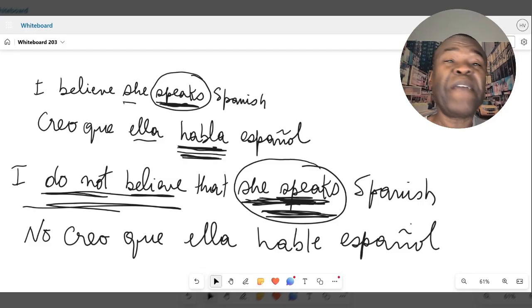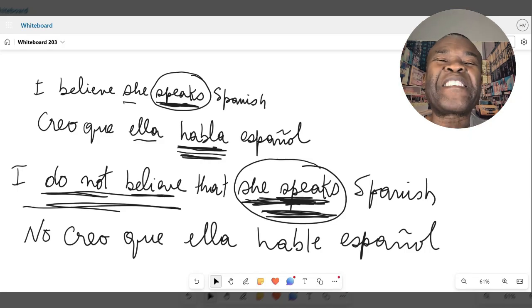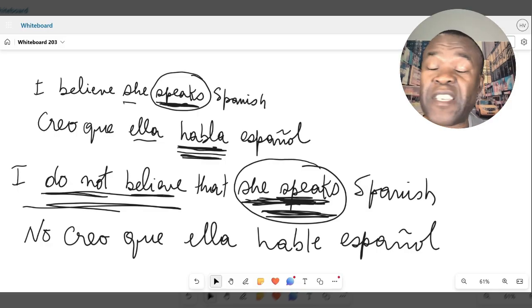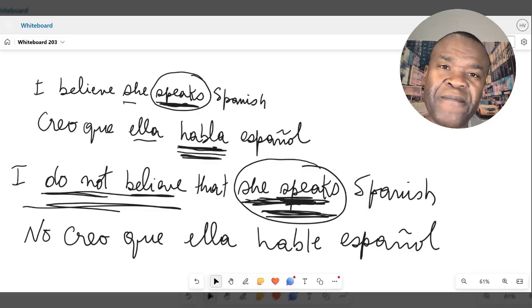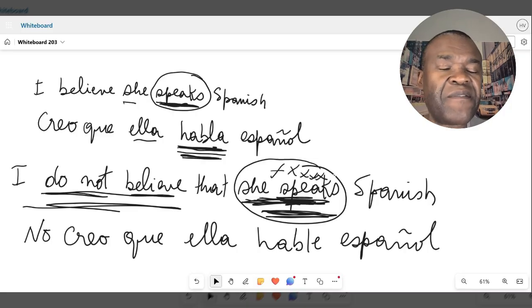Now, maybe she speaks Spanish very well, but the speaker is not asserting that she speaks Spanish. The speaker says, I don't believe. What is it that the speaker doesn't believe? She speaks. That's what the speaker doesn't believe.